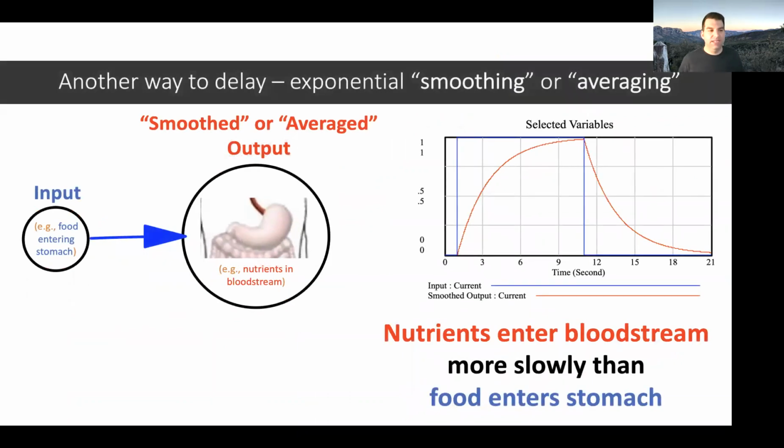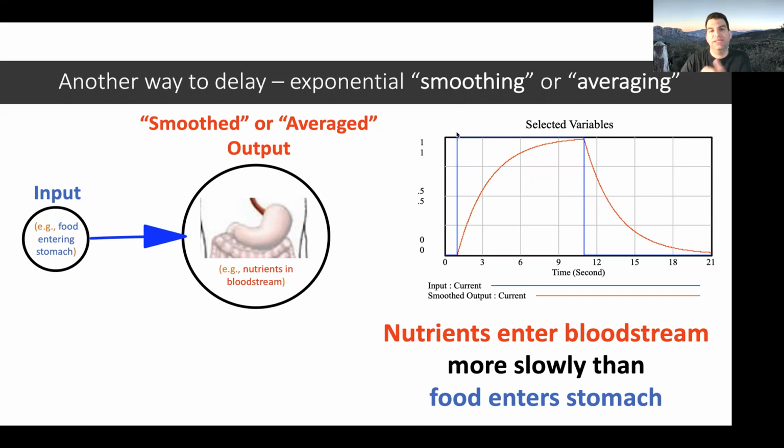So that's the other type of delay that we need to focus on, the so-called smoothed or smoothing or averaging delay. And so this is the idea of how long it takes food to get from your stomach into your bloodstream. So here, the blue line is like food that has reached your stomach. Your stomach has suddenly got food in it.